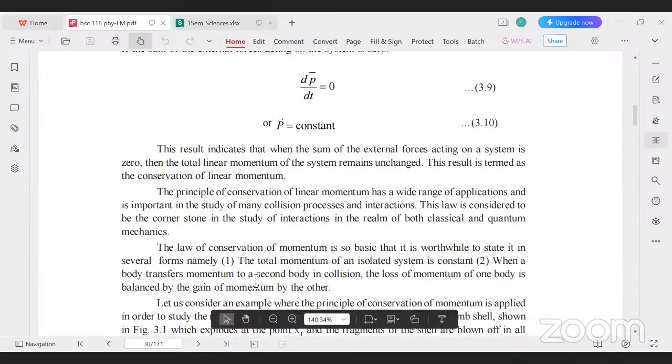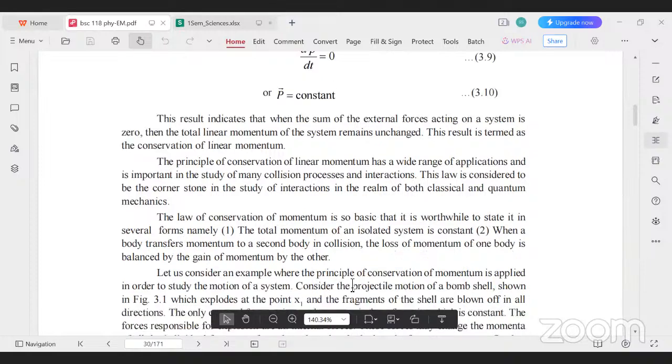So the law of conservation of momentum is so basic that it's worthwhile to state it in several forms. Namely, the total momentum of an isolated system is constant. When a body transfers momentum to a second body in collision, the loss of momentum of one body is balanced by the gain of momentum in the other. So why are we combining both linear momentum and collision?